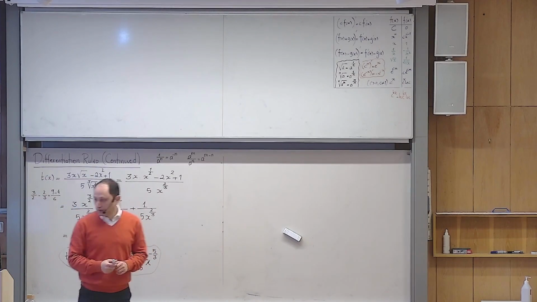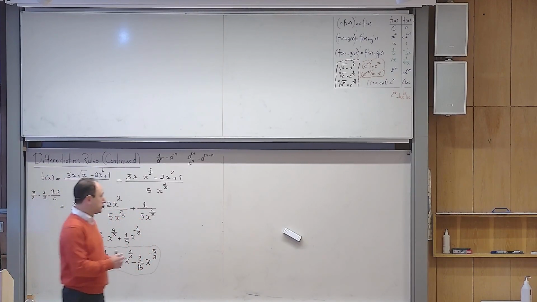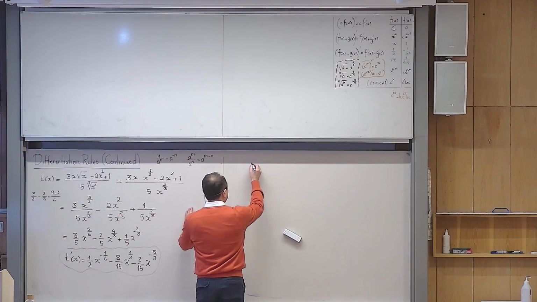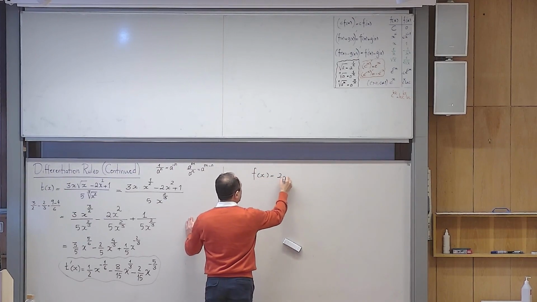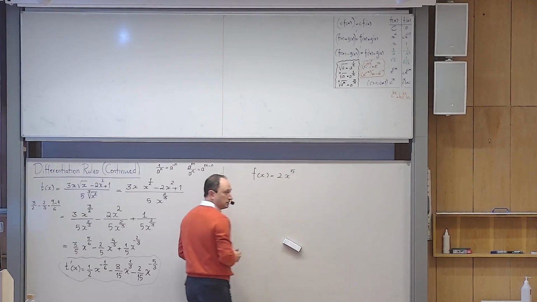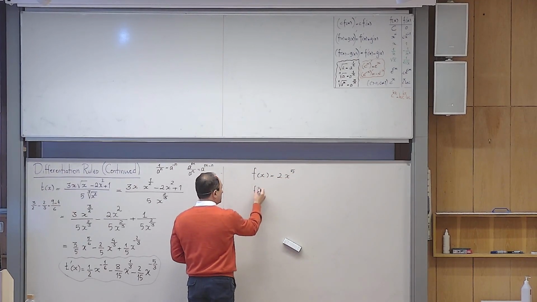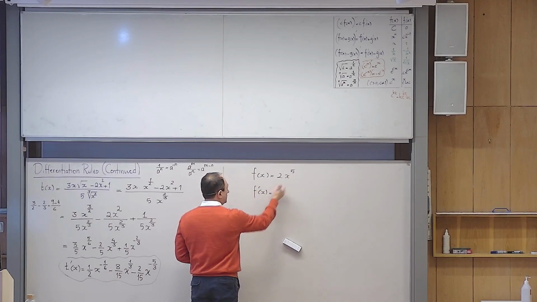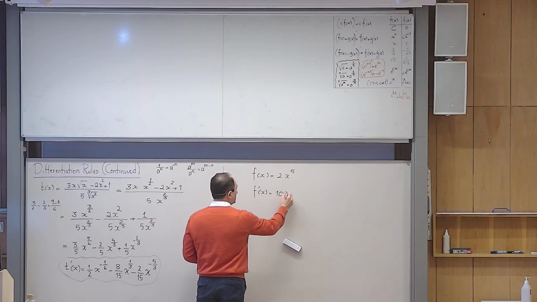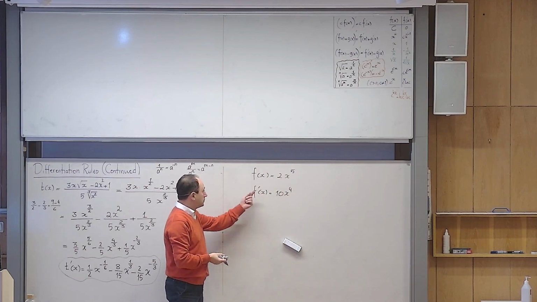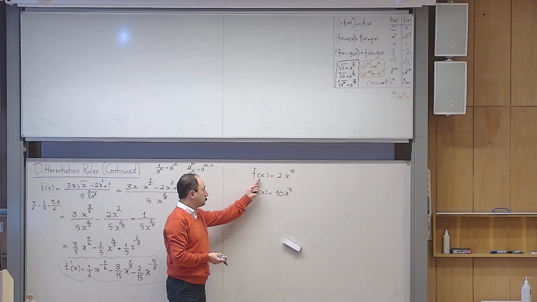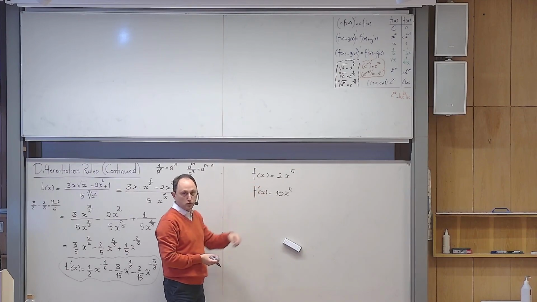So if I give you, for example, a simple example: f of x is 2x to the power of 5. If I ask you to take the derivative of this function or differentiate it, immediately you get 10x to the power of 4. Now take this as your function f prime of x and do the process of differentiation once more.